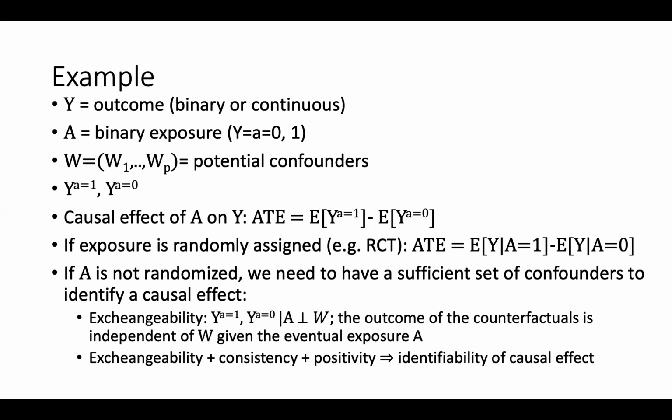Now, if your exposure is randomly assigned, you have a randomized trial, maybe you can compute this directly. There are some conditions that need to be satisfied. You can estimate it in the way we traditionally would, which is we look at the average of the outcome among those that receive the treatment and compare that to the average of the outcome among those who didn't receive the treatment.